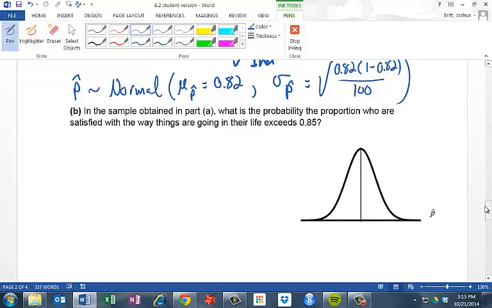Part B, what's the probability the proportion who are satisfied with the way things are going in their life exceeds 85%? So the mean is 0.82 from here.